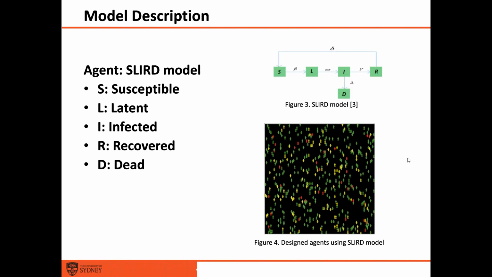After the incubation period and the onset of the COVID-19, the infected agent turns to the recovered state or with a certain probability dies. Agents in the recovered state are protected from infection for a certain period, after which they revert to a susceptible state.